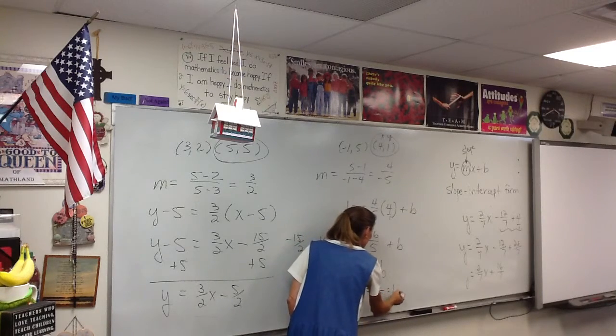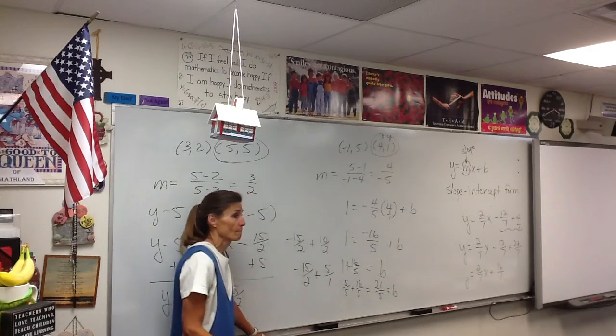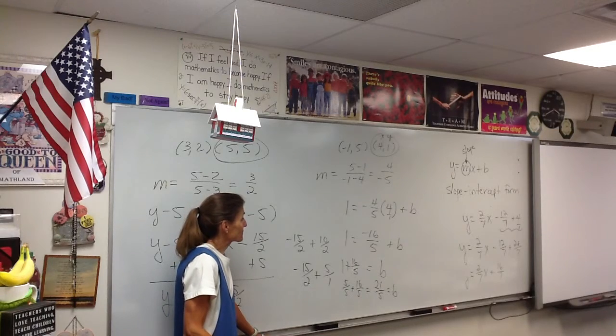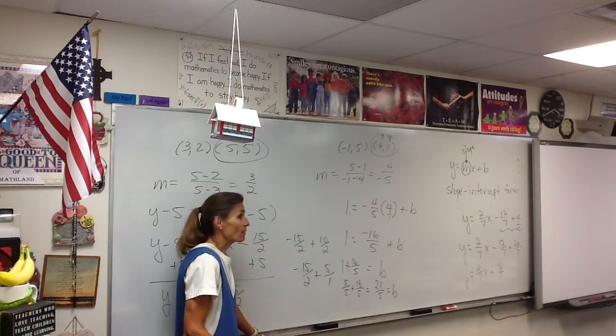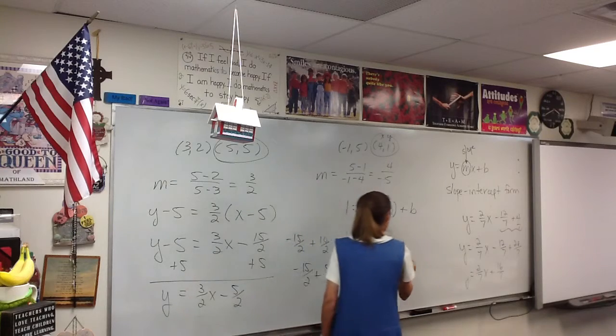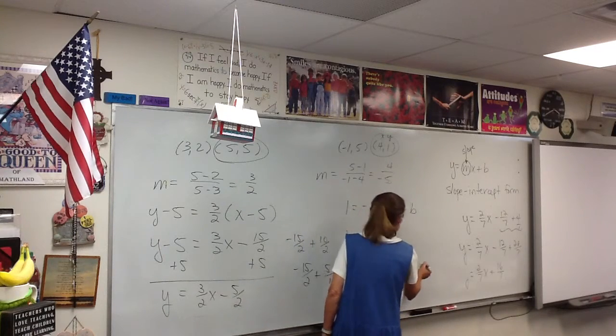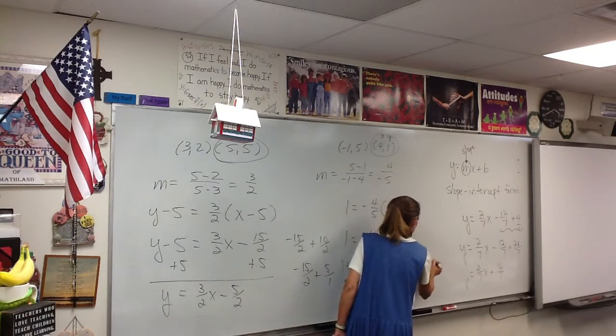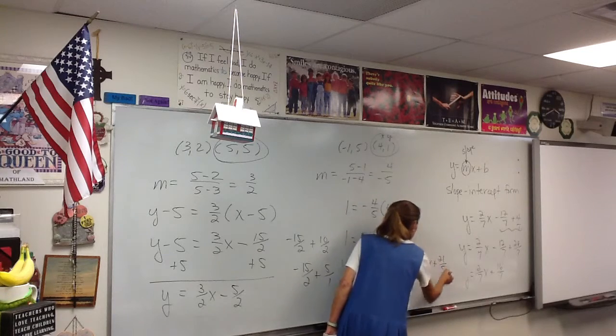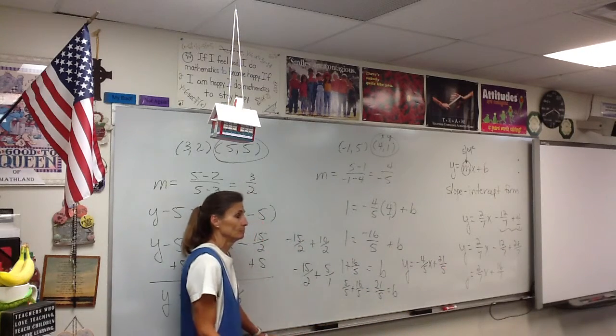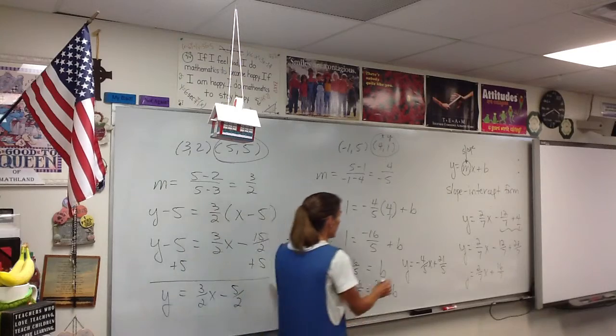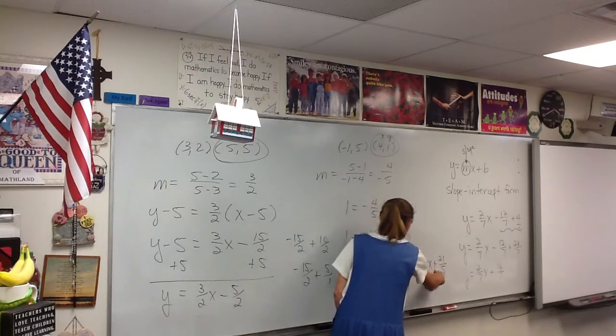So b is 21/5. And then I write my final answer. y equals negative 4/5 x plus 21/5. M, we found m. B, we found b.